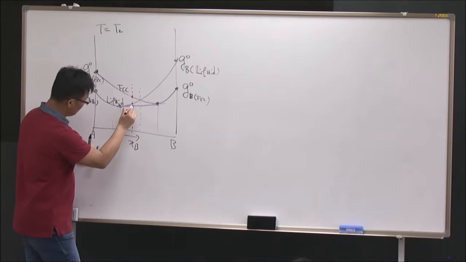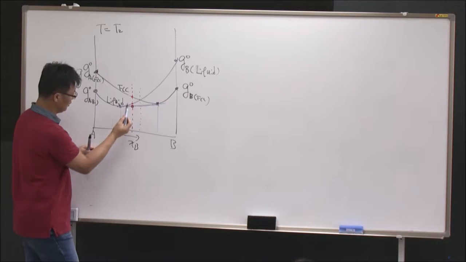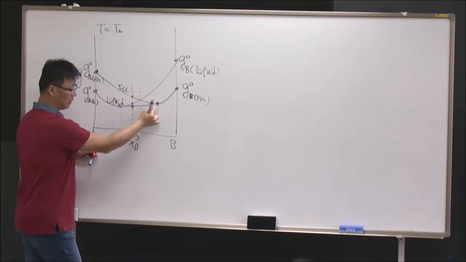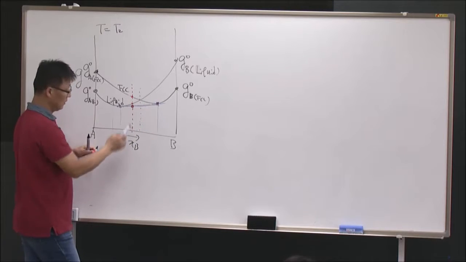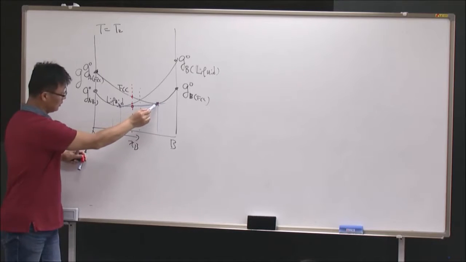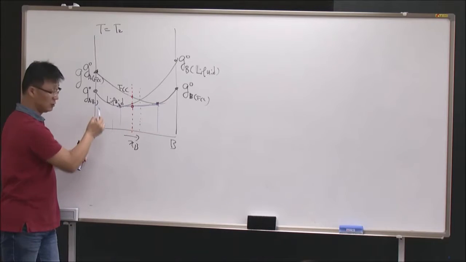So if I assume my composition is this one, and I make a certain fraction of liquid and a certain fraction of solid at this composition, then my Gibbs energy can be located at this point, because this Gibbs energy is this one and this Gibbs energy is this one.